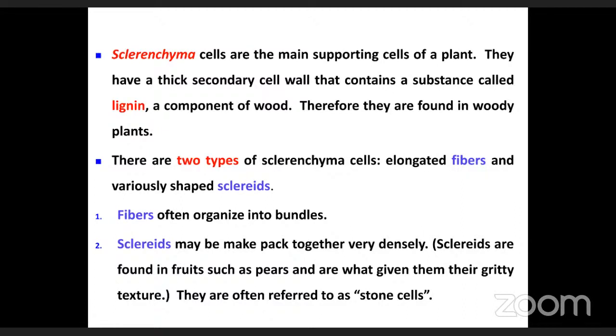All these are types of secreting material.